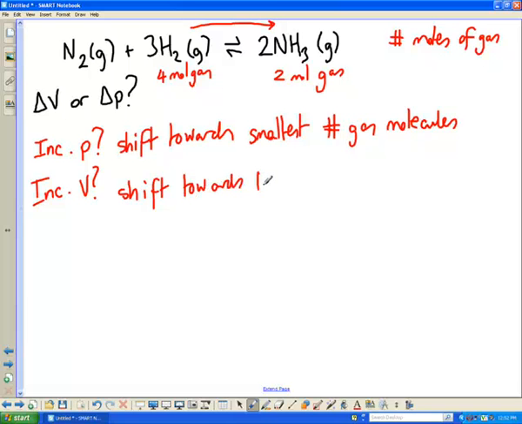In this case, we see a shift towards the largest number of gas moles or gas molecules. Simple as that. So for volume or pressure, you just have to remember or be able to figure out how many moles of gas, only of gas, that you have on each side of the equilibrium.